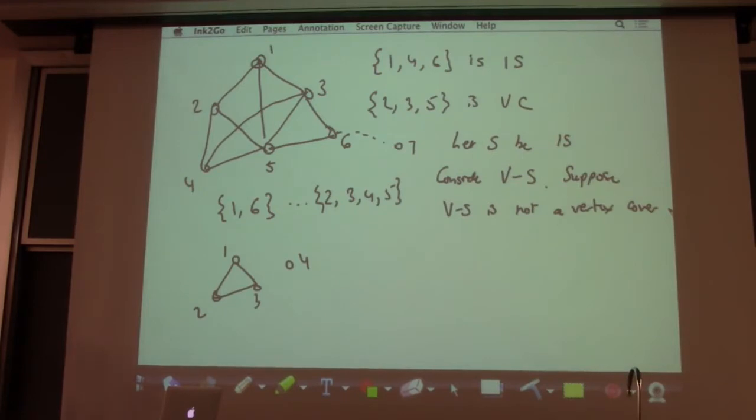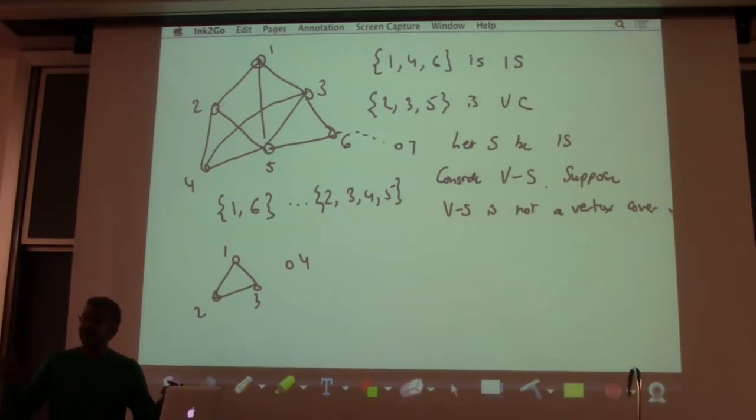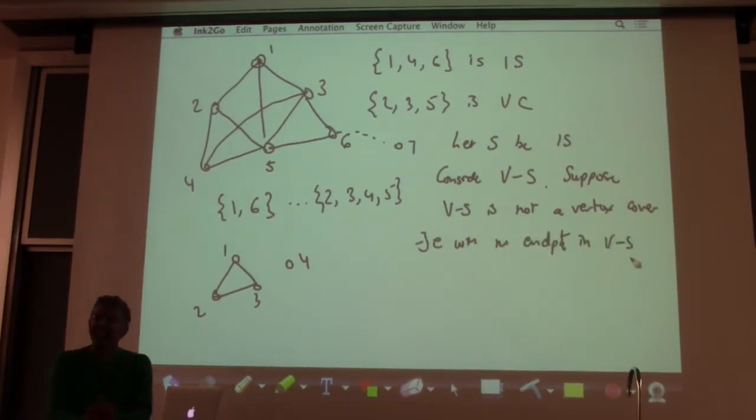By definition, if something is not a vertex cover, it means there is an edge that has no endpoints in V minus S. So there exists an edge E with no endpoint in V minus S. If E has no endpoints in V minus S, where are its endpoints? Therefore, E has both endpoints in S.